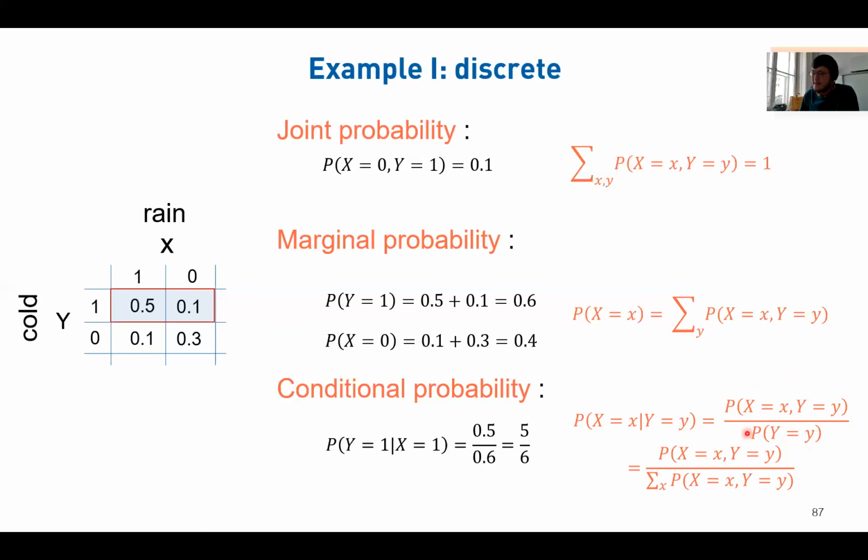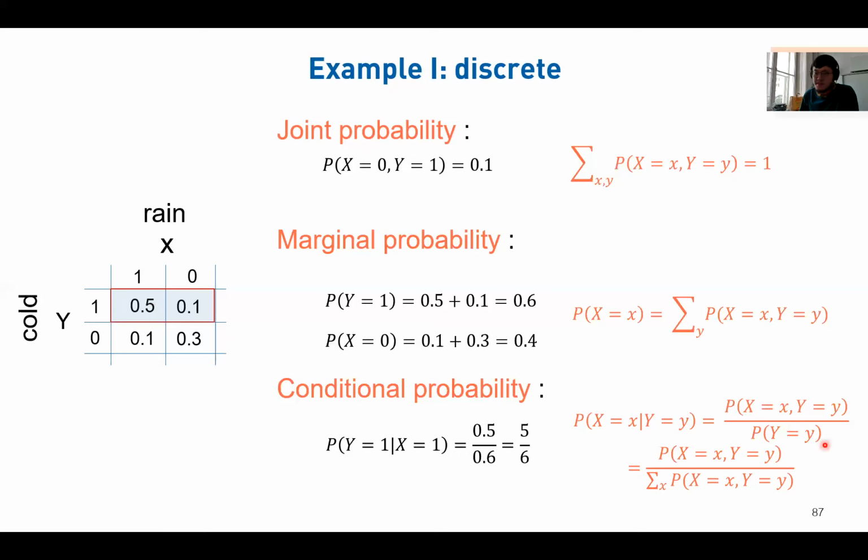Do you see that here? The numerator here is a joint probability, the joint probability of x is 1 together with y is 1.